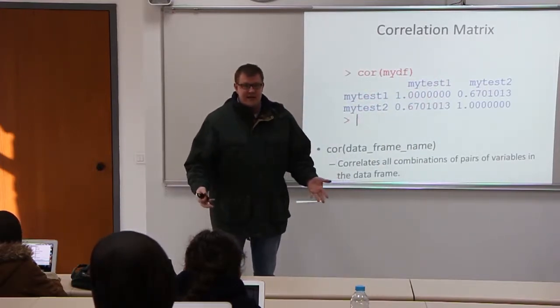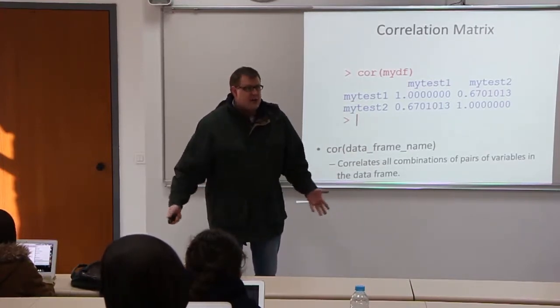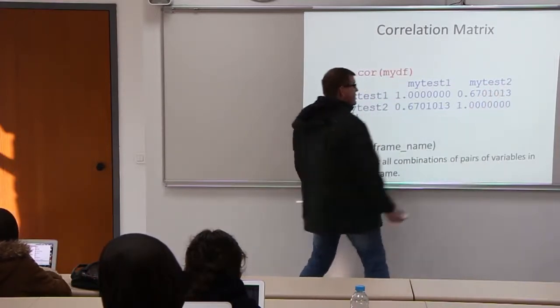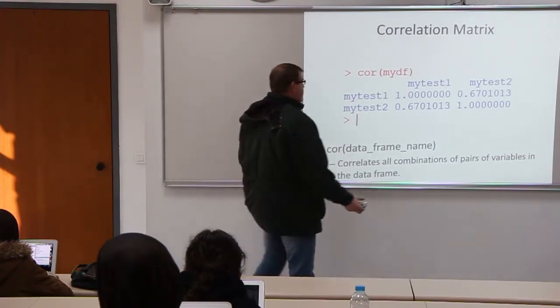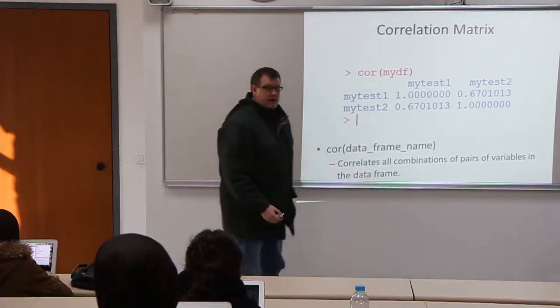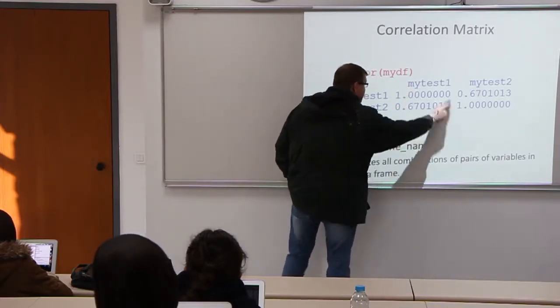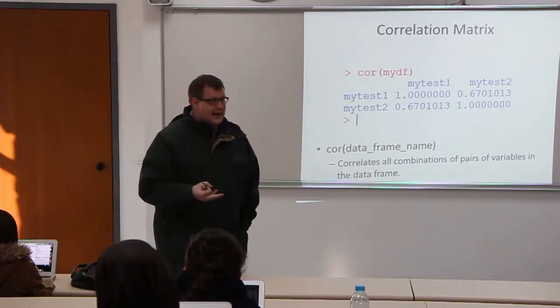The correlation between something and itself should always be what? 1. Should always be 1. The correlation between test 2 scores and test 2 scores is also 1, right? Now the correlation that we were interested in was this one, the correlation between test 1 scores and test 2 scores, which is 0.67. So we know that there's a linear relationship.